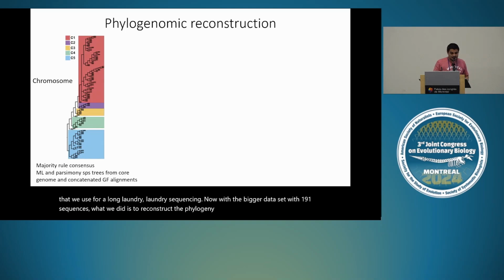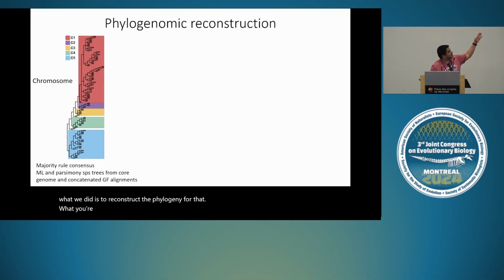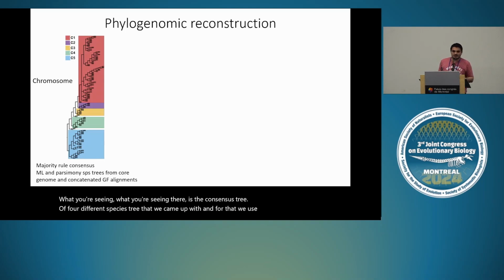Now, with the bigger data set of 191 sequences, what we did was reconstruct the phylogeny. What you're seeing there is the consensus tree of 4 different species trees that we came up with. We used different approaches, maximum likelihood and parsimony, and different data sets, the core genome and concatenation of coding sequences.